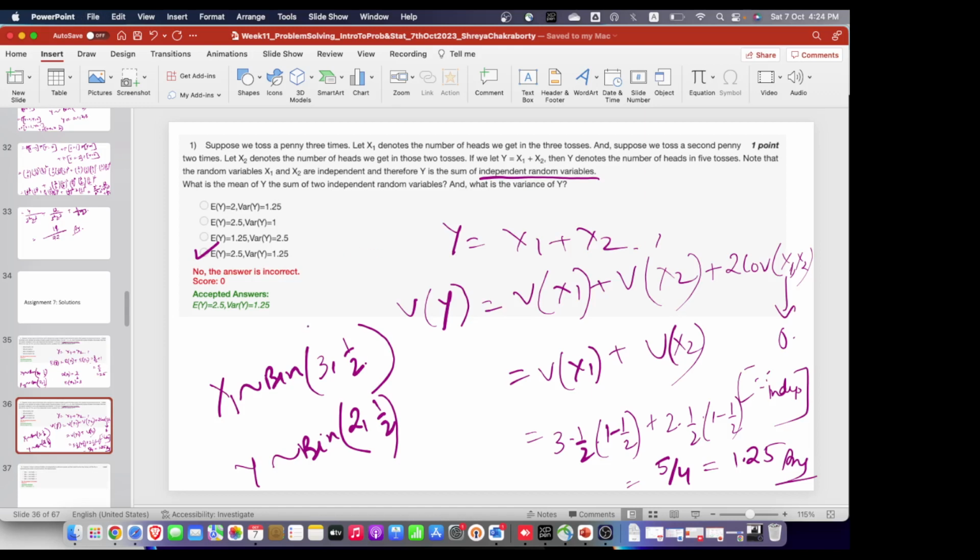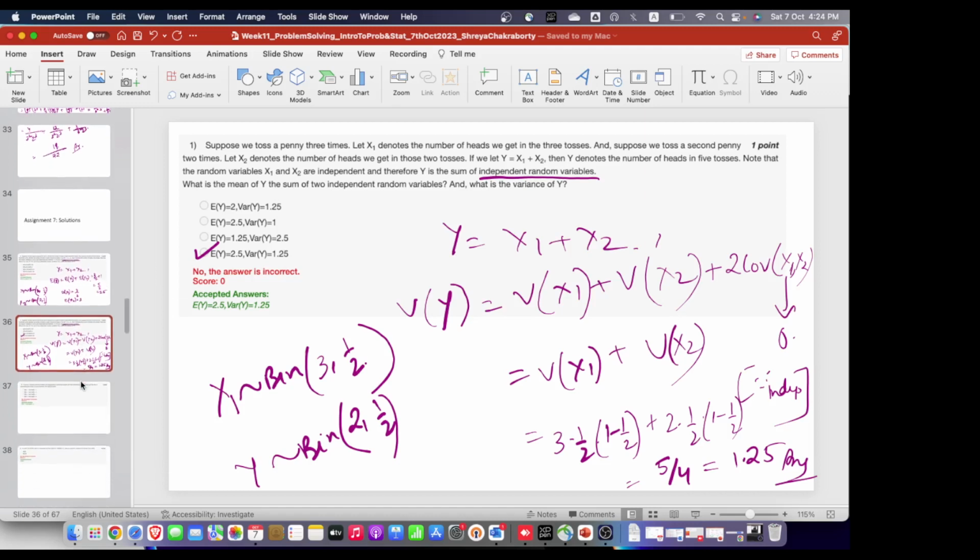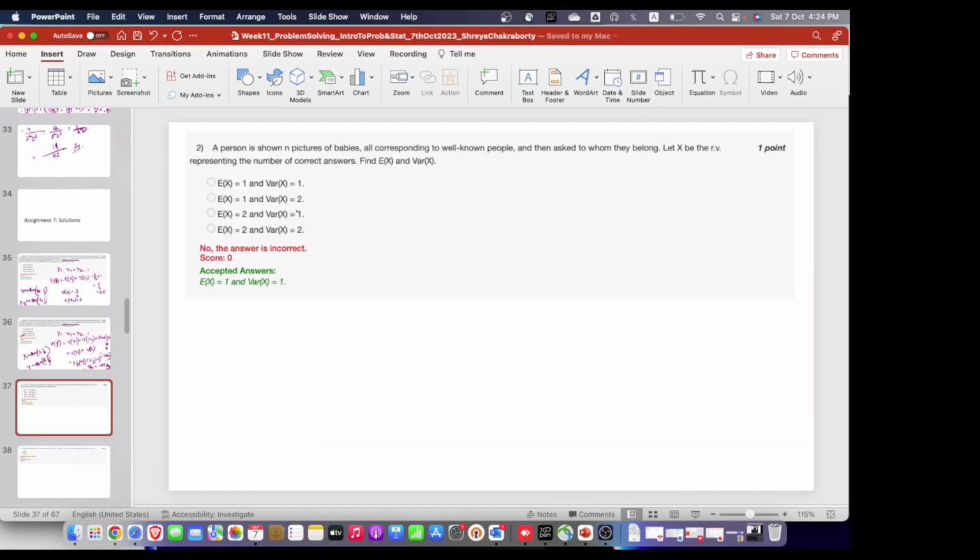Alright, here, so this one I think I solved last time, the last week itself. Here the catch is, if I have n babies, the trials are not independent.